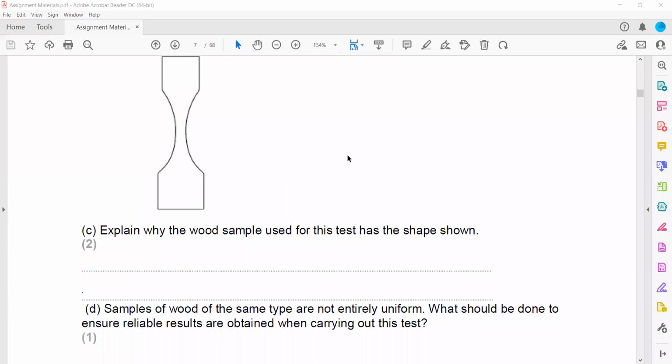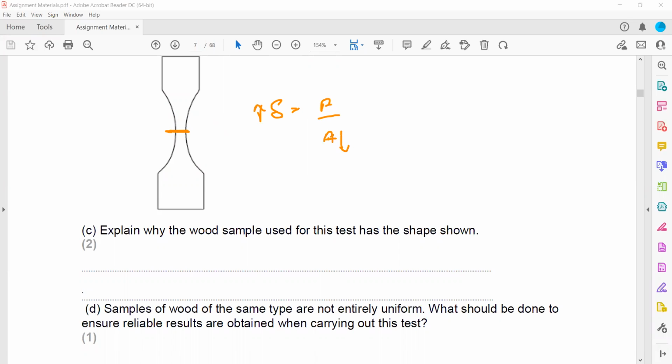Explain why the wood sample used for this test has this shape. What is the reason? Because we are finding the ultimate tensile stress, UTS. The stress is equal to force divided by area. So when we have a small area, the stress will be higher.